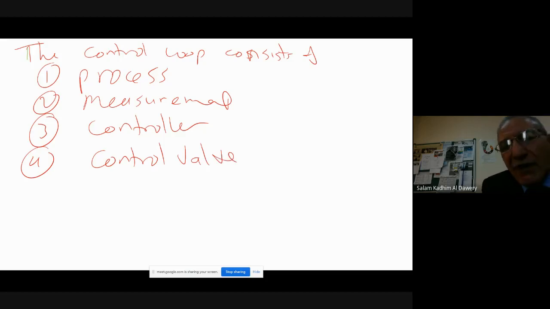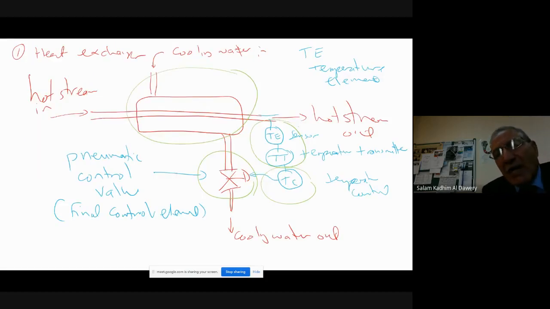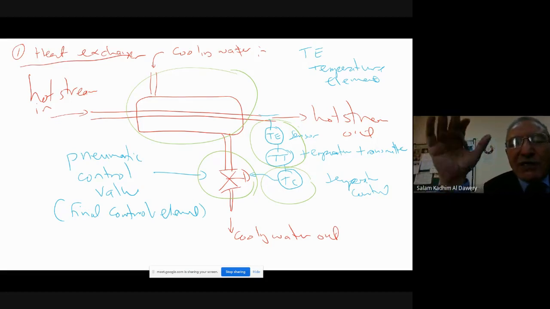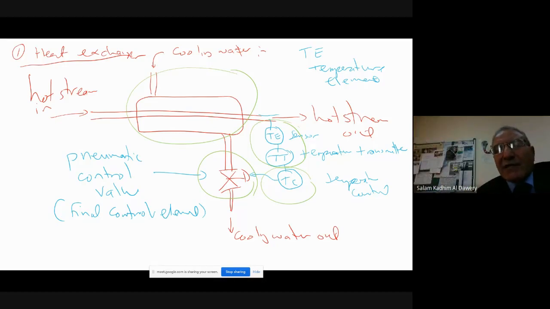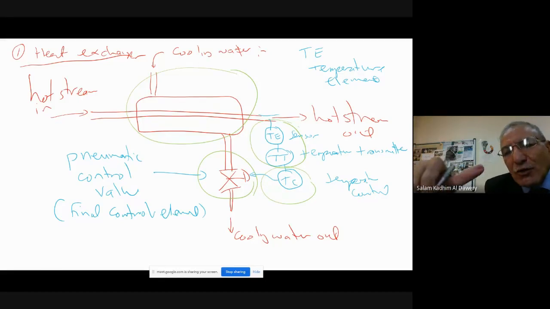You see, these are the four elements we need. The process is different. It could be a heat exchanger, it could be liquid level, we'll come to that. It could be concentration in a mixing tank, it could be a reaction, but these three additional elements are fixed: measurement, controller, and control valve.